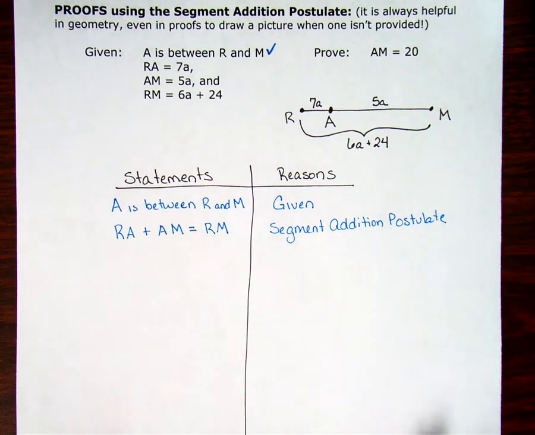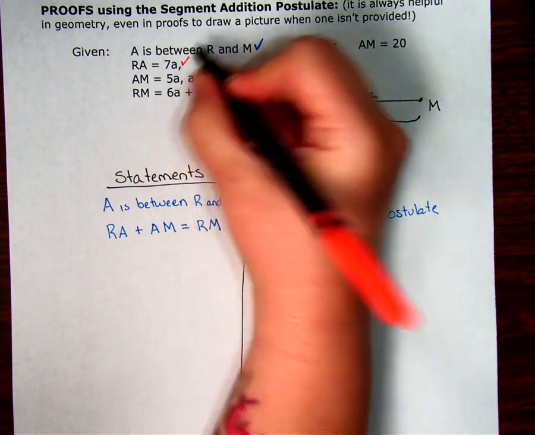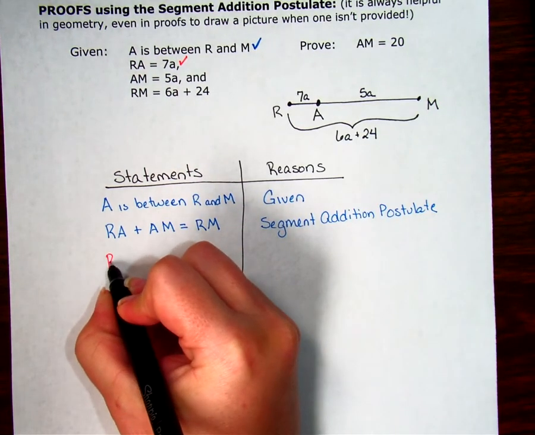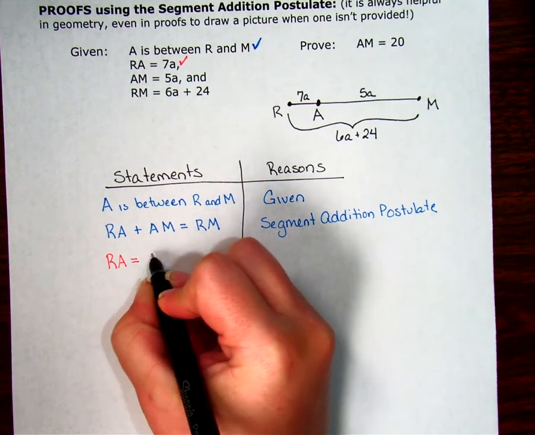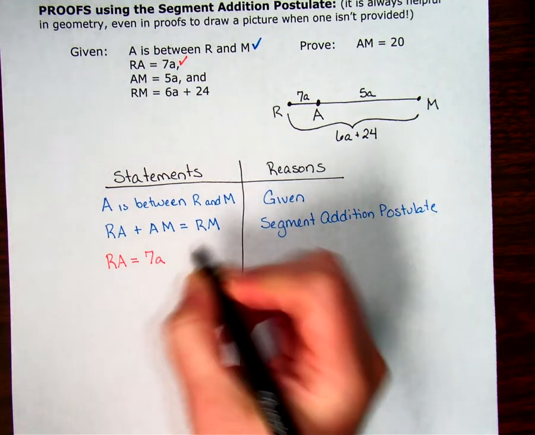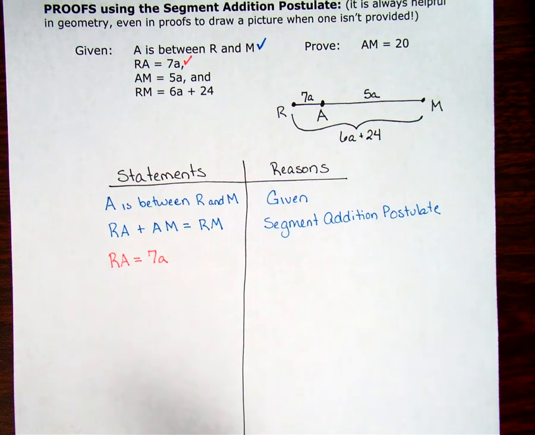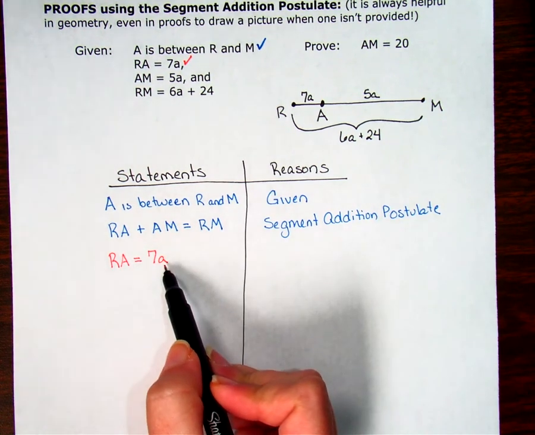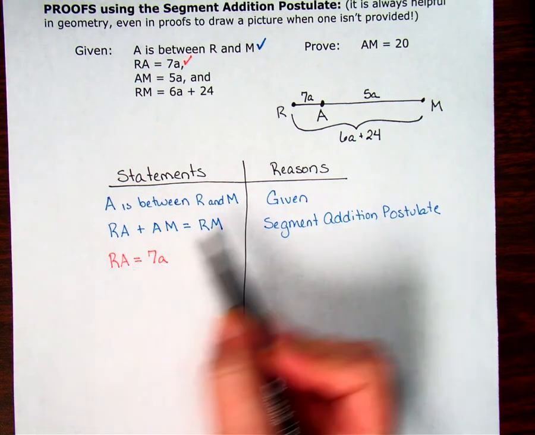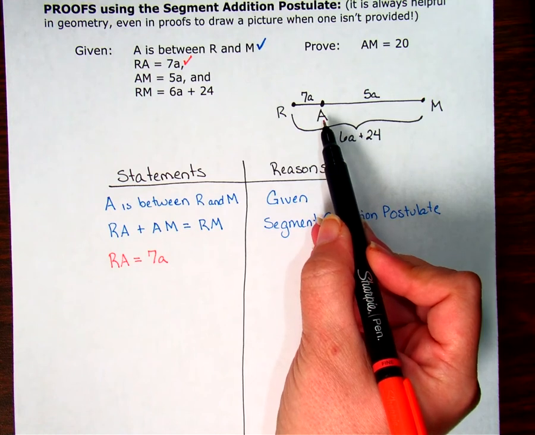Okay? So now I'm going to go to my next given. My next given is RA equals 7a. So I'm going to put a little check because I'm going to write it down. RA equals 7a. And remember, the capital A's and the lowercase a's are super important to pay attention to: the lowercase a represents the variable and the capital A represents the point in the diagram.